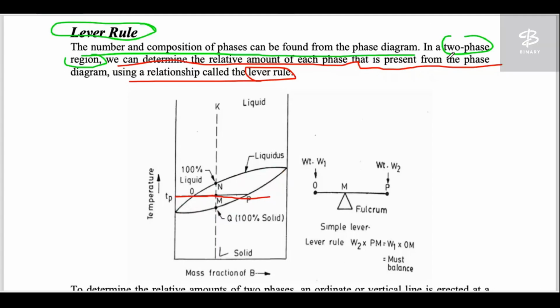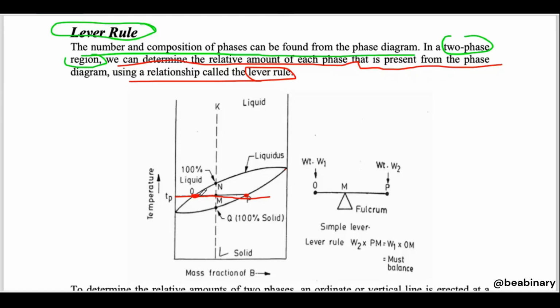The line cuts the solidus line and the liquidus line. As you can see, point O is the intersection point of the line that we have drawn with the liquidus line. And P is the intersection of the horizontal line drawn from the temperature axis with the solidus line.